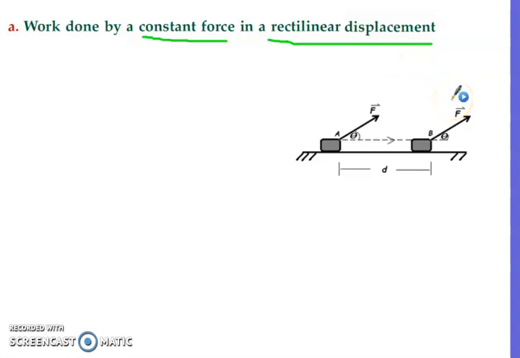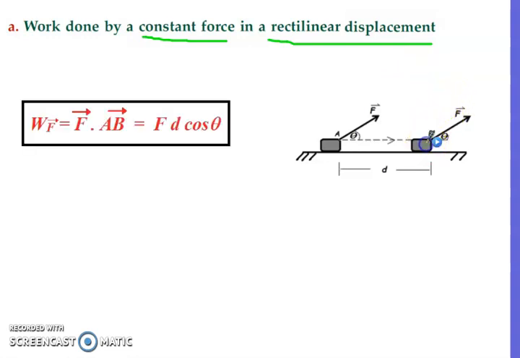What is the legal rule for this work? Now by definition, the work done by F is the dot product, or scalar product, between the force F, which is a vector, and the displacement AB, which is another vector. So W = F · AB. And you know that in mathematics, dot product means what?